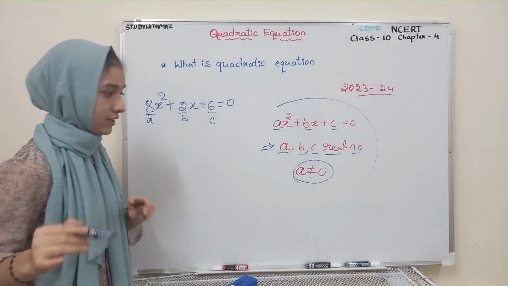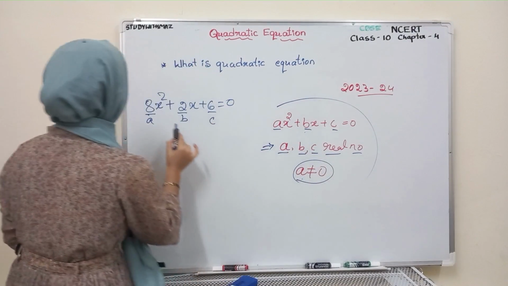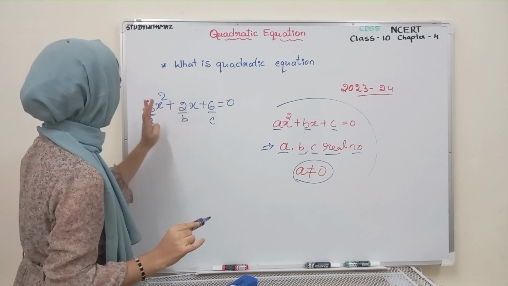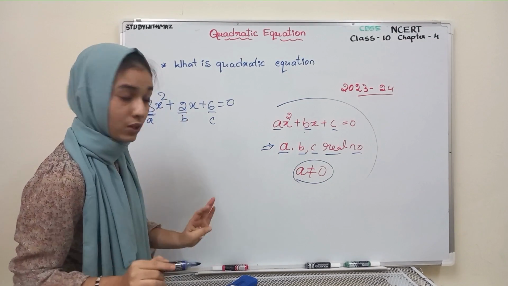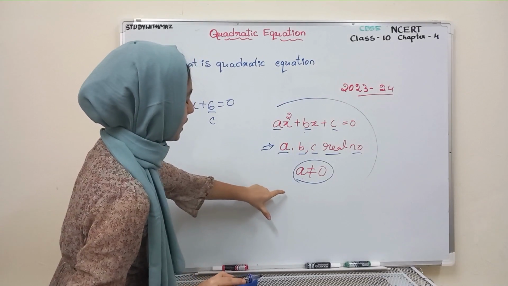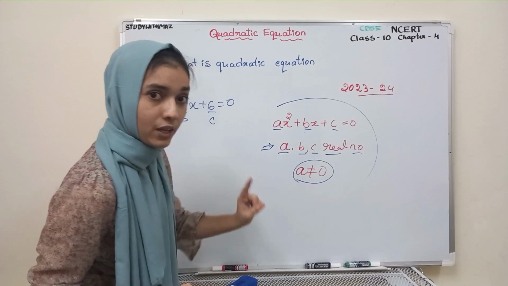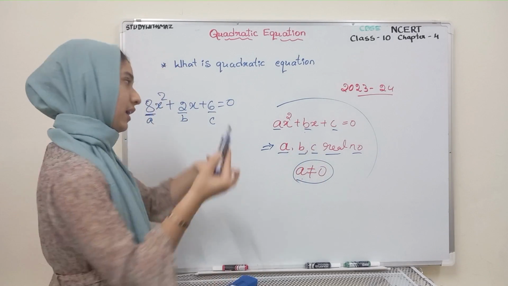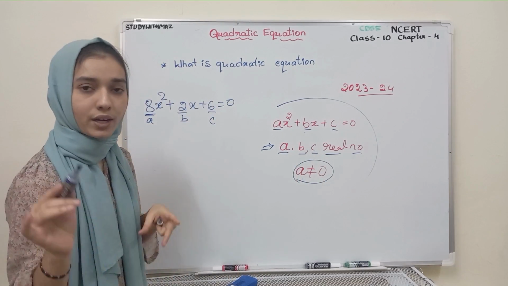Satisfied हो रहा है ना? Yes. a should not be equal to 0. यहाँ पे a की जगह पे 8 is present, so it is not equal to 0. So this definition says a only should not be equal to 0. b या c equal to 0 है, then also this equation is known as quadratic equation.